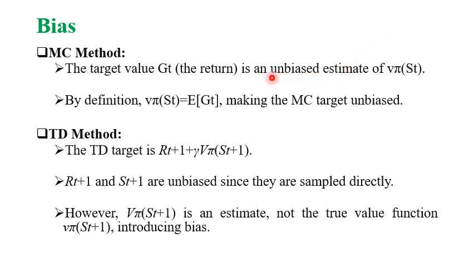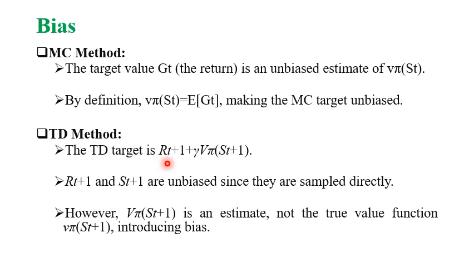That's why we say that the target value, G_t or return, is an unbiased estimate of the value function. So we don't have any simplifying assumption here. But what about temporal difference method?